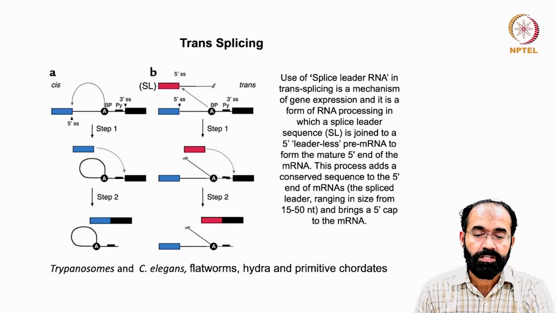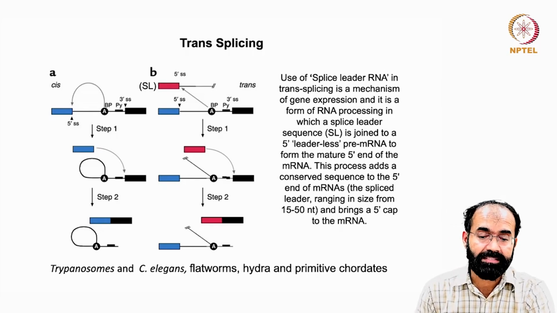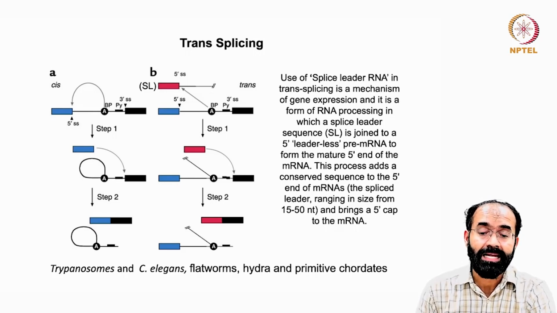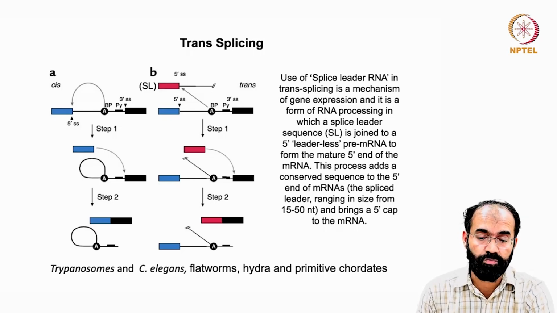The use of splice leader RNA in trans splicing is a mechanism of gene expression that is a form of RNA processing. The splice leader sequence, SL, shown in pink color, is joined to the 5' leaderless pre-mRNA to form the mature 5' end of the mRNA, so that it can process further downstream, which is lacking in this actual mRNA.